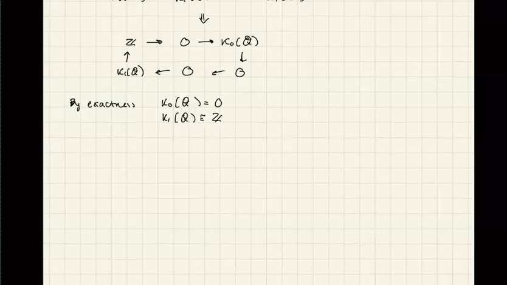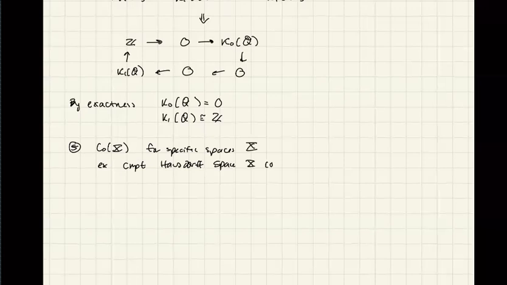But other examples that are good to look at would be C0 of X for specific spaces X. So what I'm thinking here is if I have like a compact Hausdorff space that's contractible, that's a very nice example to go through.